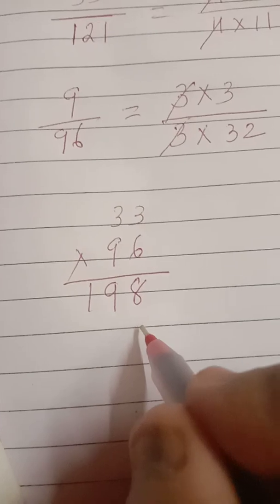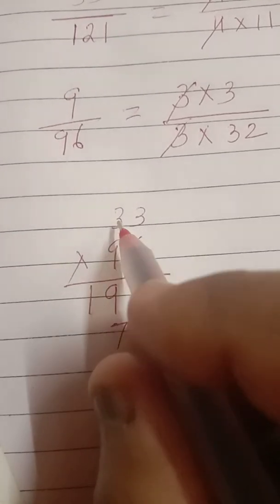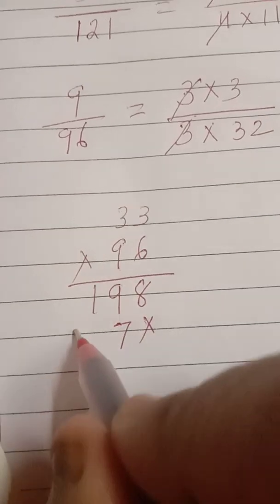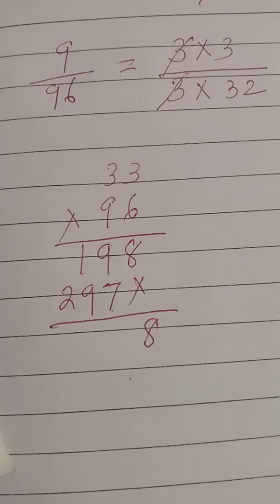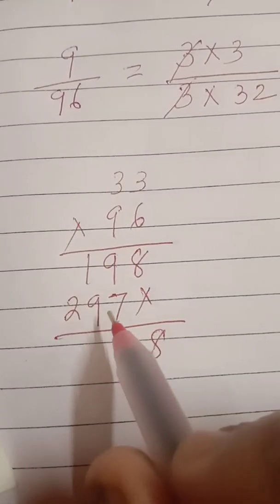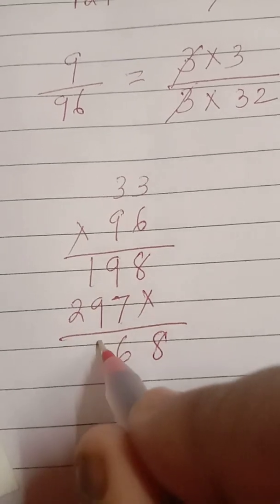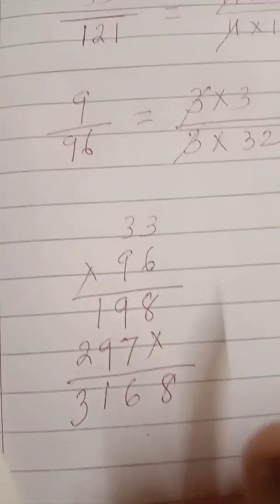Again 6 3s are 18 plus 1 is 19. 9 3s are 27, carry 2. 9 3s are 27 plus 2, 29. The product comes to 3168.